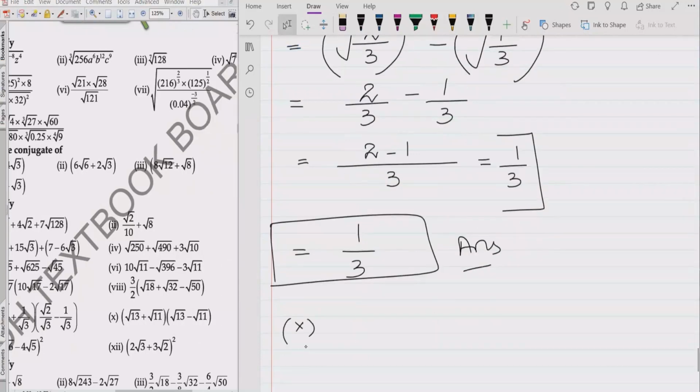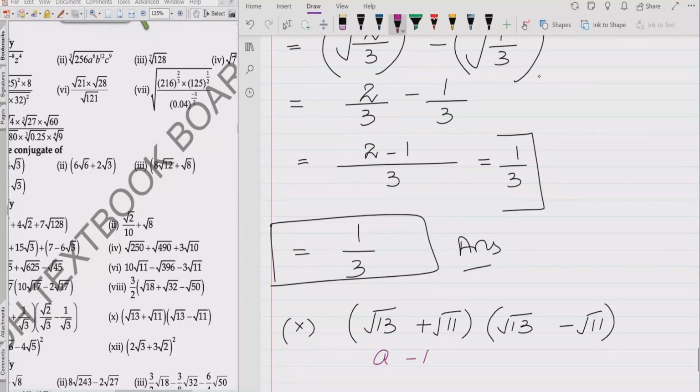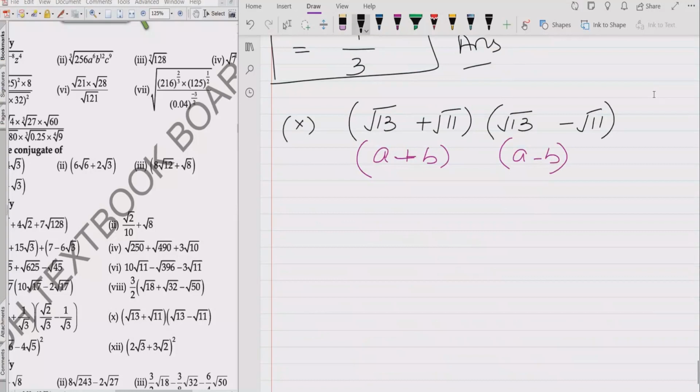So question number 10 is root 13 plus root 11 multiplied by root 13 minus root 11, right? So here we also have a formula. We can use this formula, which we already covered in previous classes.